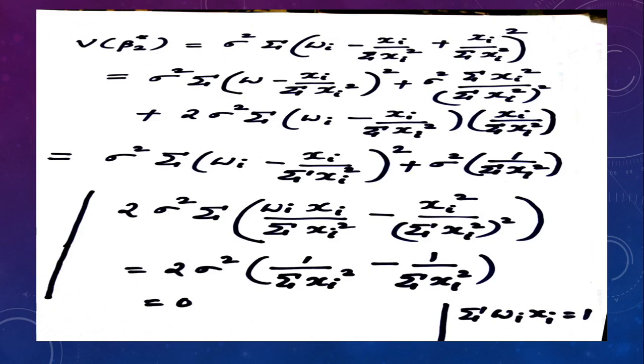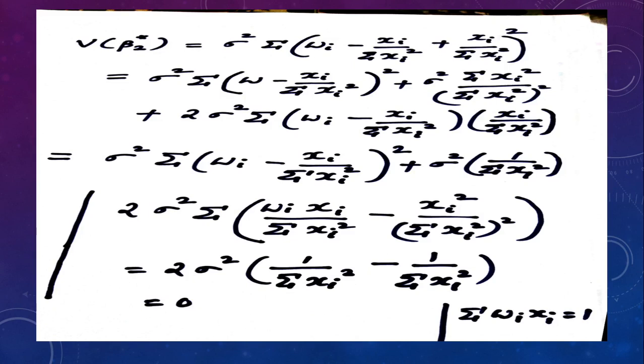The sum of minus xi divided by sigma xi square plus xi divided by sigma xi square is 0. In order to prove that beta 2 hat has minimum variance, we are making some adjustments here, just adding and subtracting xi divided by sigma xi square.